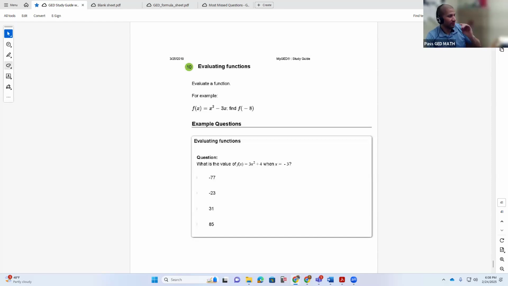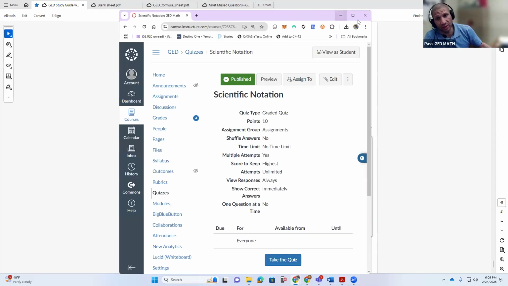So, let me see if I can find, let me go to my tables, because tables, charts, and graphs are very important also. Let me make sure you don't do scientific notation again. For math and science both, it is needed.